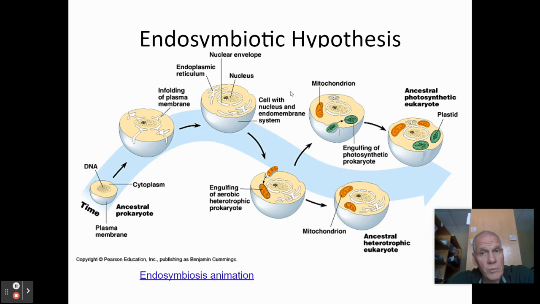So, how did we get those organelles into what's the modern eukaryotic cell? Well, again, the endosymbiotic. Endo means within, sym means together, and bio means living. So living together inside, basically, is what it means.